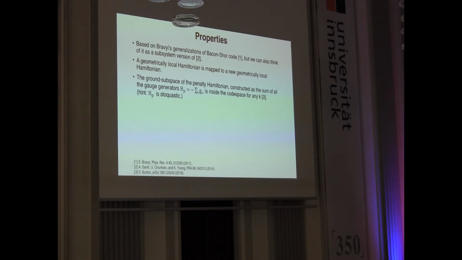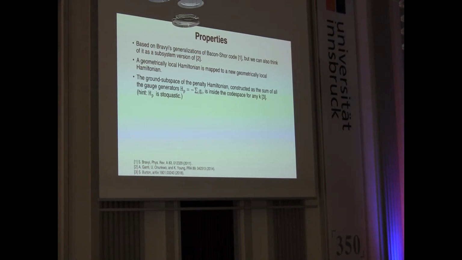Again, another thing is that this Hamiltonian is non-commuting, so its ground state properties are complicated in general. But it has already actually been shown that some of the ground states of this non-commuting Hamiltonian, because it's stoquastic, we can prove that it has them inside the code space.